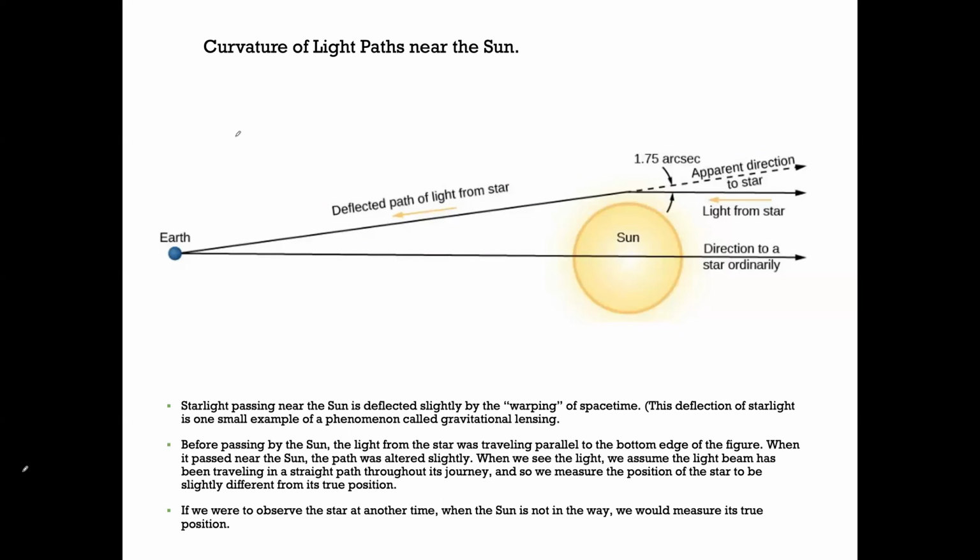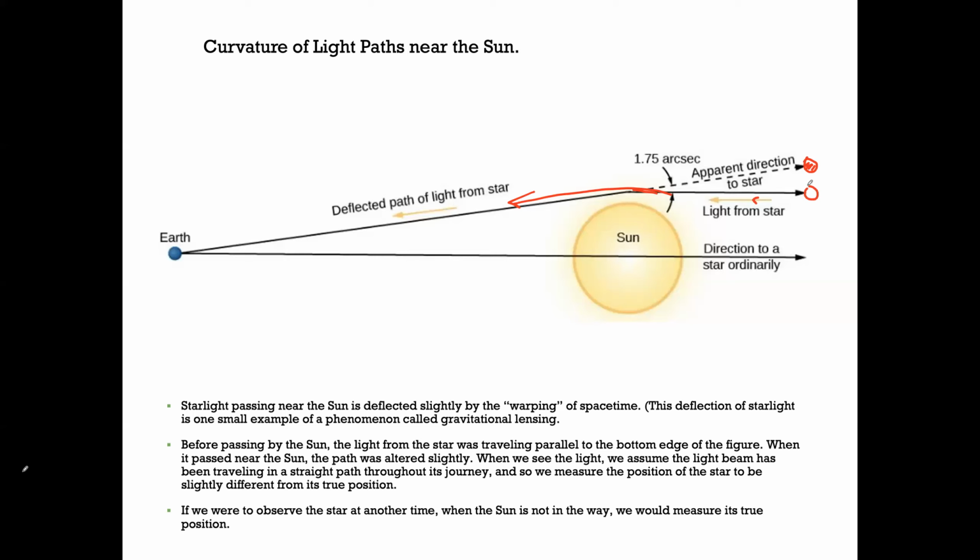So what has happened here is, here is the light from a star, and when it comes so close to the Sun, the light gets curved and changes its path. So the path is deflected, right? So when you look from the Earth, you would see the apparent direction of a star, that the star appears right here, but actually the star is right here.